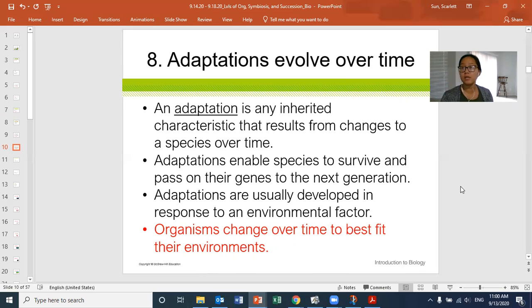Right, you're going to have a harder time surviving. So the ones who can swim and then have a family and have kids who are good at swimming are more likely to survive and pass their genes down, okay? So they better fit the environment of an underwater space. Not good at swimming, then you aren't as fit for an underwater space, but you might have been good at living on land, right?